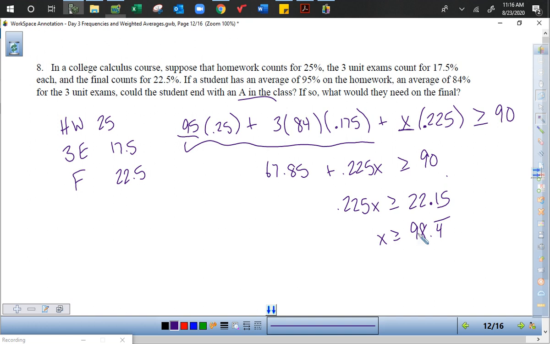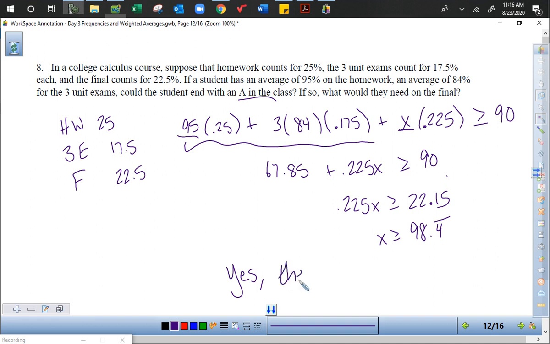Now, if that said greater than 120, that's not possible for a final unless there's some crazy extra credit happening. Okay, so is it possible? Yes. What would they need on the final? Well, they'd need at least a 98.4.